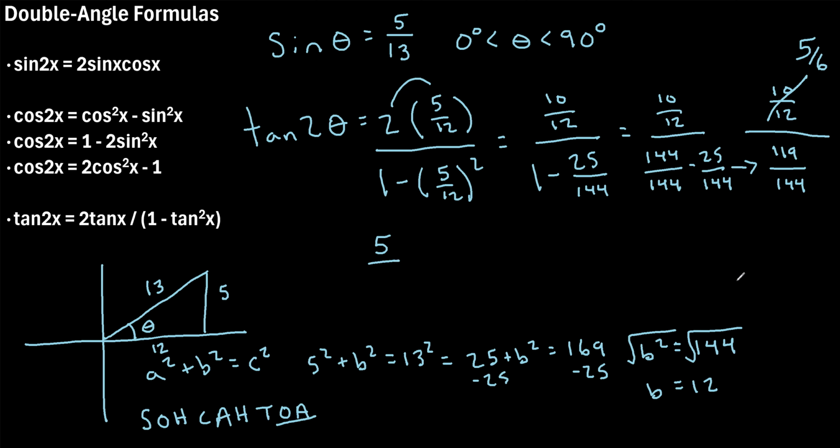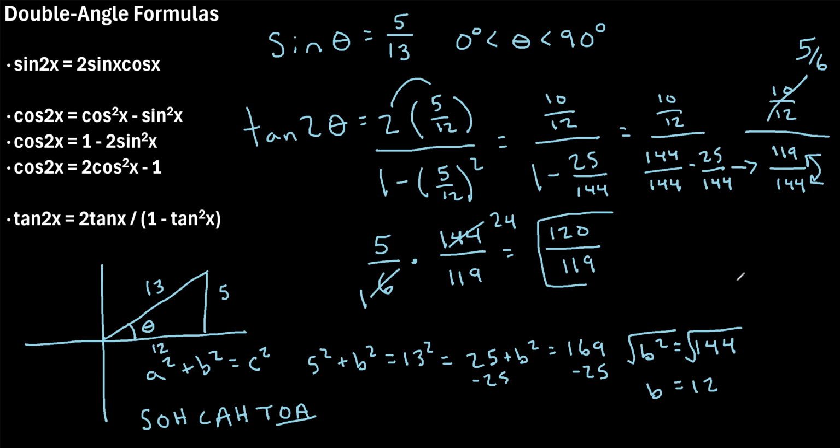So what we really have is 5 over 6 times the reciprocal, remember, you switch the numerator and the denominator. So we have 144 over 119. So if we want to multiply straight across, it turns out that 6 will go into 144 exactly 24 times. So we can actually reduce this, make this a 1, and make this a 24. So now we can multiply straight across. 5 times 24, that's 120. And in the denominator, we just have 1 times 119, that's 119. So our final answer is the tangent of 2 theta is equal to 120 over 119.